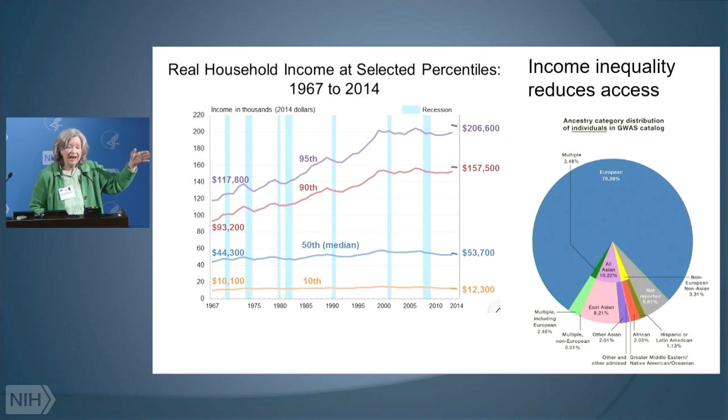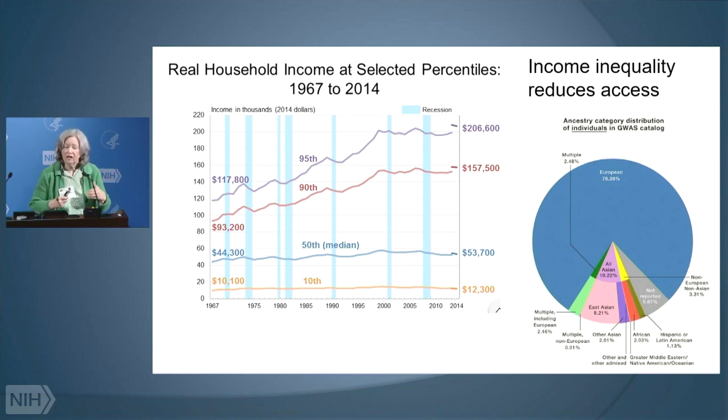So even though we are now collecting much more genetic data on diverse populations than we ever have, it's accumulating faster, it's an impressive worldwide effort, we are still accumulating information on the genomes of Europeans even faster. I don't see a way to catch up until everybody has genomes done routinely for health care.